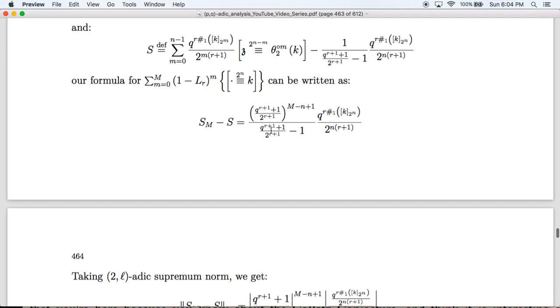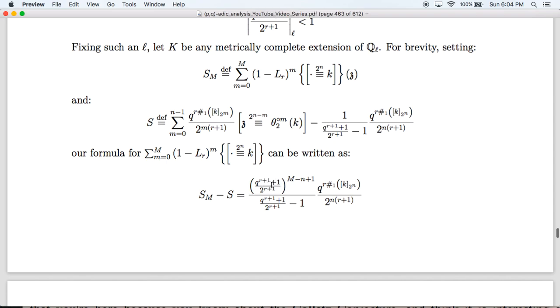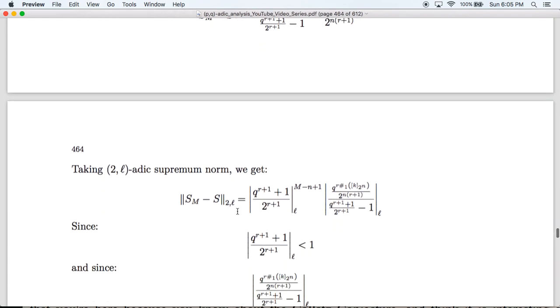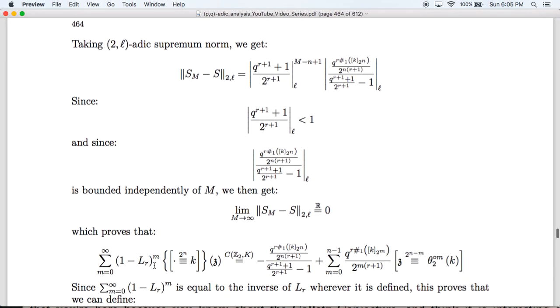Since we've picked L to be a prime for which this number has an L-adic absolute value strictly less than 1, this S big M minus S is going to converge to 0 L-adically as m goes to infinity. And in particular, we're taking the supremum norm. So what this says is that, by definition of the limit, this limit exists and converges L-adically.